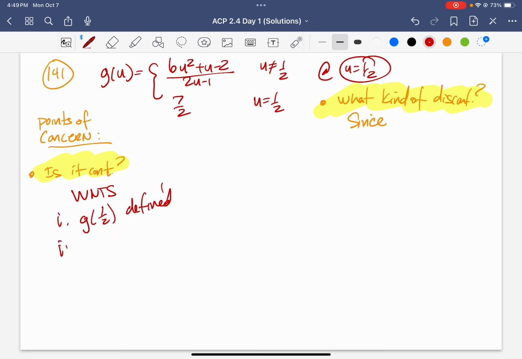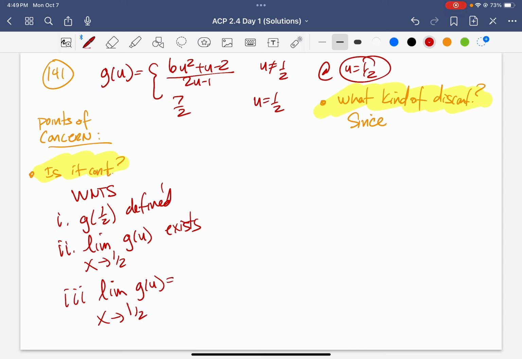I would need to show that the limit as u goes to a half of g of u exists. And I would have to show that the limit as u goes to 1/2 of g of u is equal to g of 1/2.